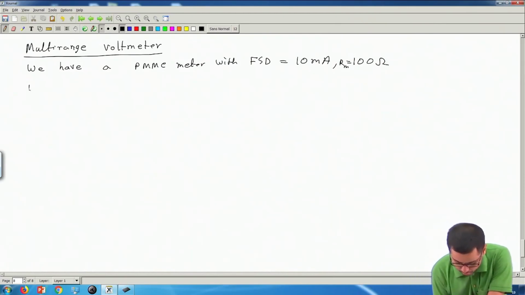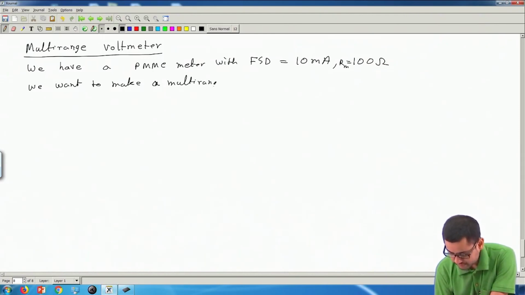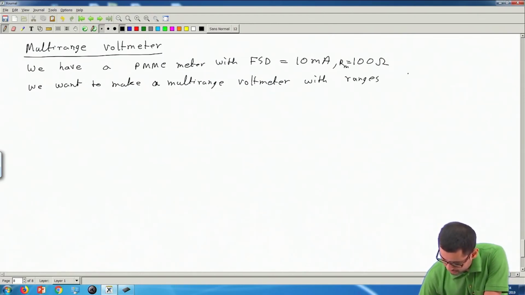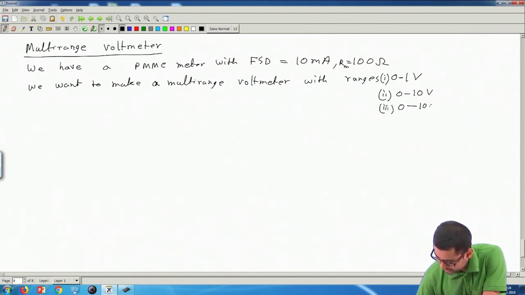And we want to make a multi-range voltmeter with ranges, say 1 volt, that means 0 to 1 volt, then 0 to 10 volt, and then say 0 to 100 volt.